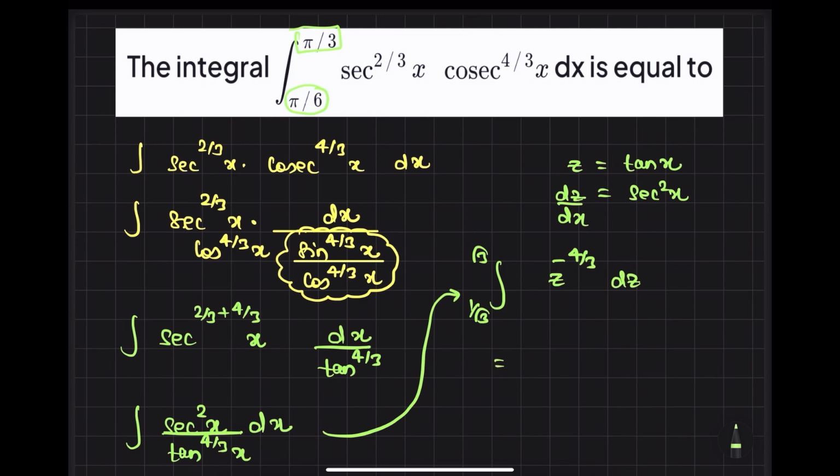So what is the integration of z power minus 4 by 3? It is z power minus 4 by 3 plus 1 upon minus 4 by 3 plus 1, with integration done. No need to write the integration constant. The limits are root 3 and 1 by root 3.